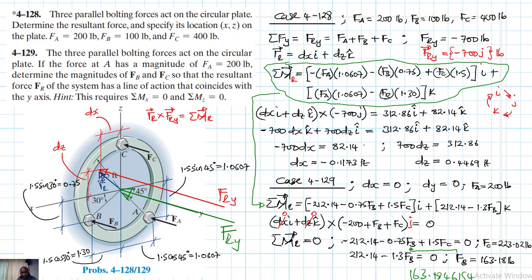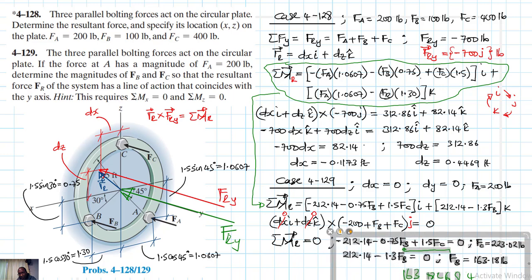Let me just move these parts a little bit, maybe up to somewhere there. And then let me rub out this part here. I think we are done. Let me just enclose my final solutions.